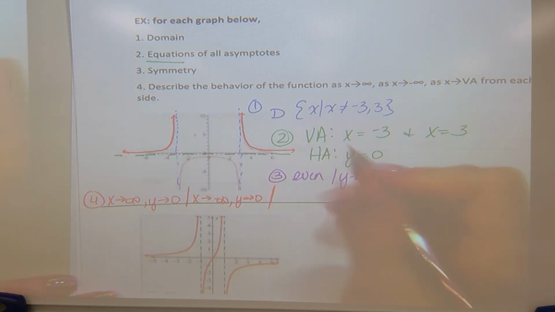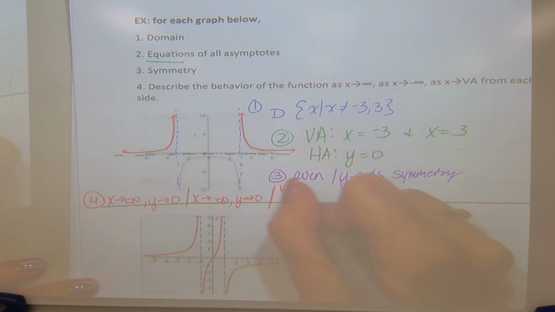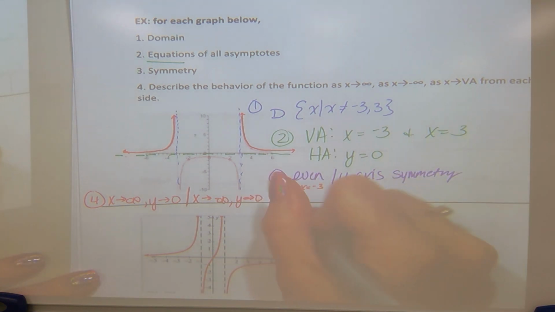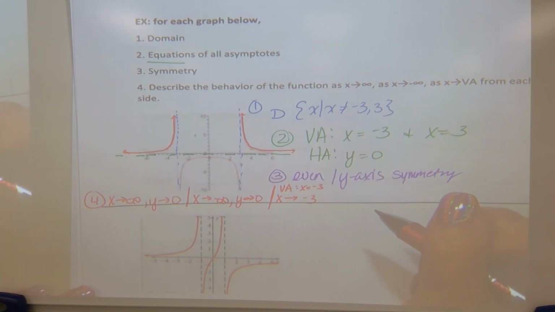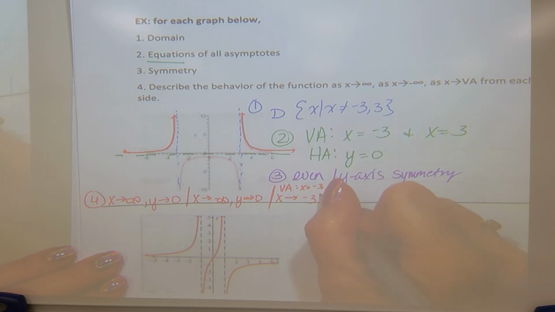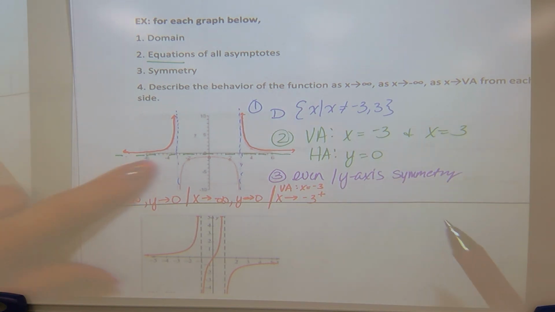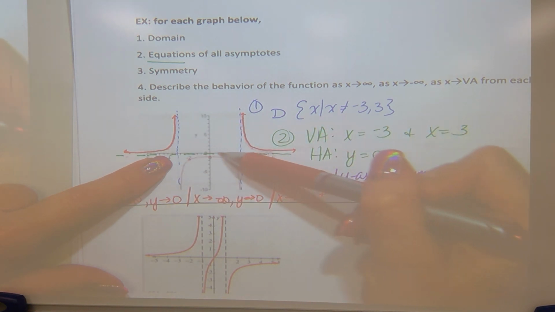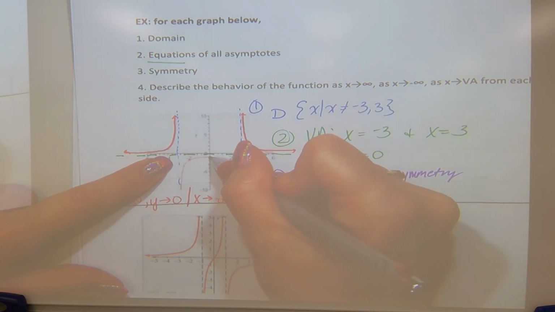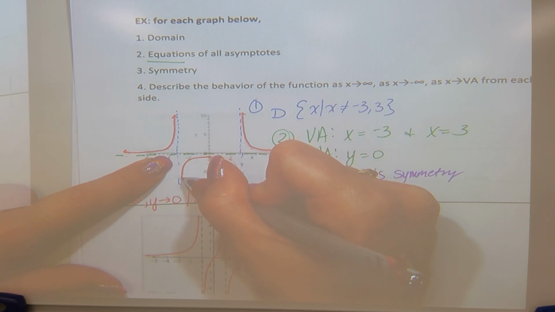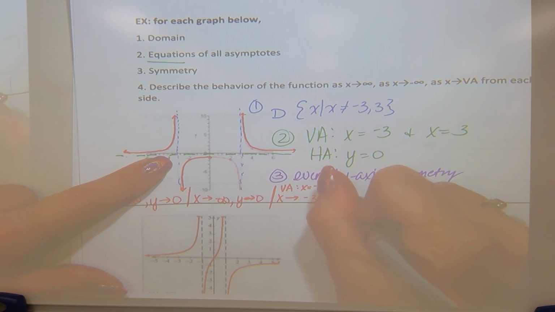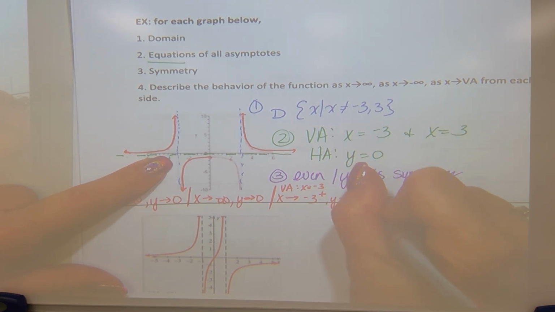Now let's do what happens as I approach the vertical asymptote, x equals -3. As x approaches -3, but I'm interested in it moving from the positive direction. As I move toward this vertical asymptote from the positive direction, on this piece of the function, I see that my function value is plunging down and y is approaching -infinity.